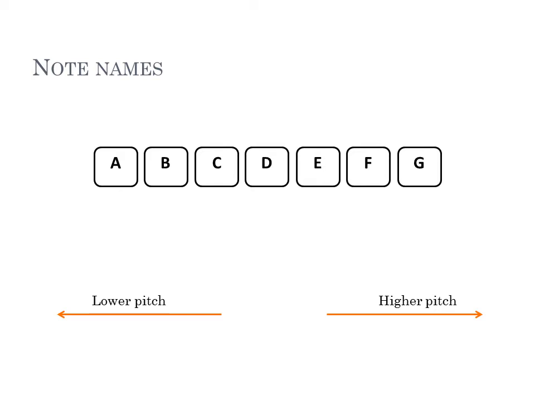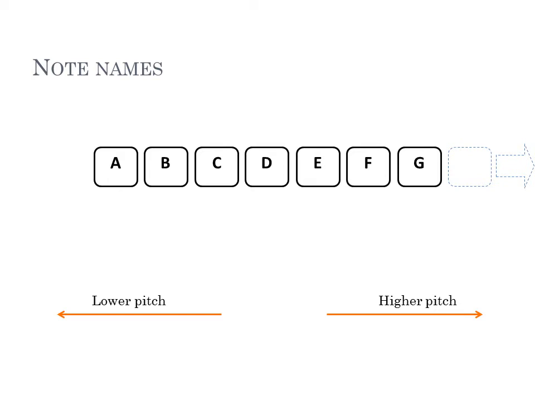So if we, for example, want to move towards a higher pitch, and we've reached the G, then what do we do? Well, of course, we can keep moving, and the way we keep moving is by just starting over.